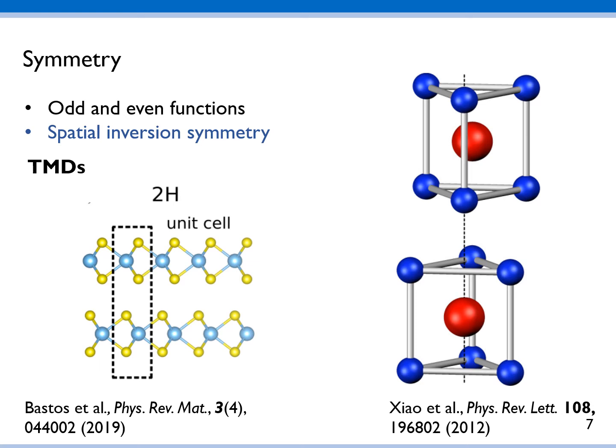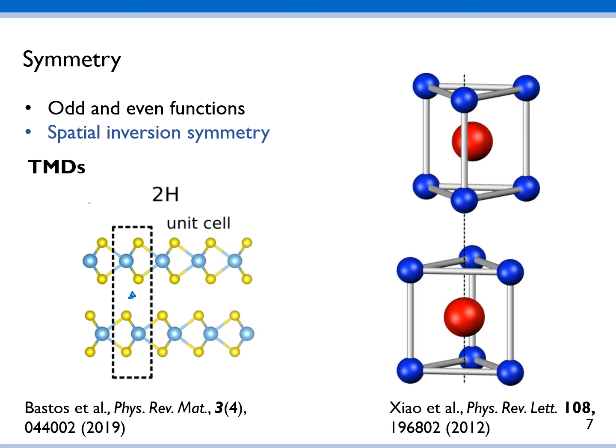You can see here the 2H structure of group 6 TMDs. This is the unit cell. Let's draw a point of spatial inversion here, and now we're going to test this unit cell for spatial inversion.